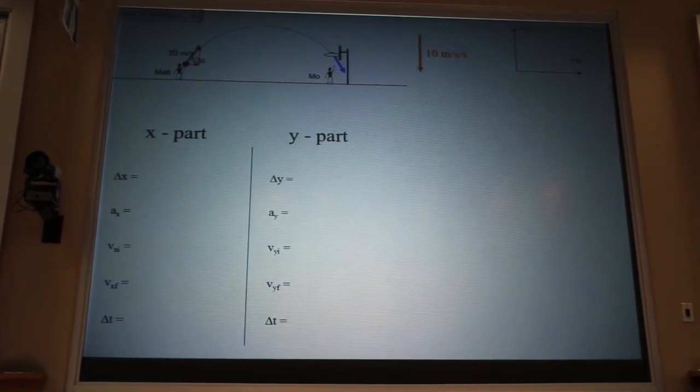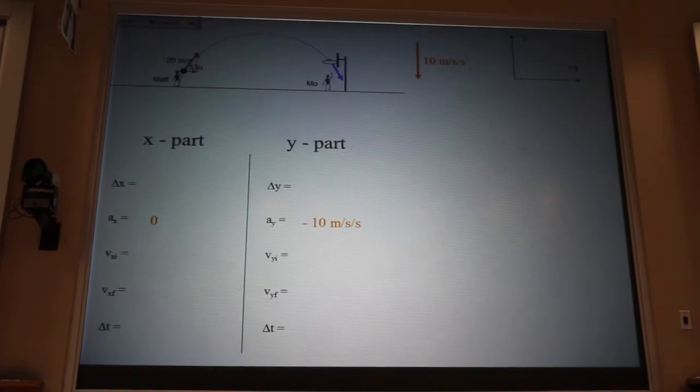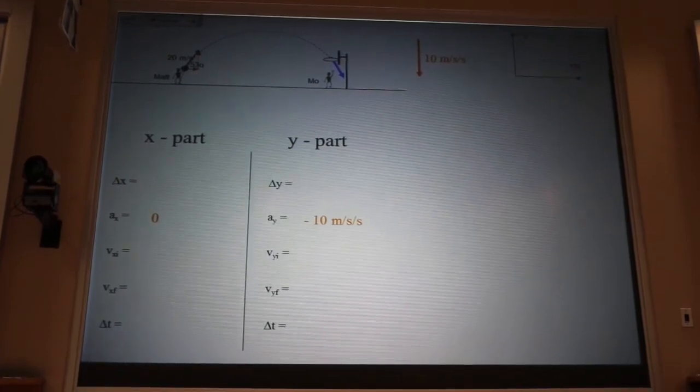In that coordinate system, the acceleration is negative 10 on the y side and 0 on the x side. That 20 meters per second cannot go into any one of these variables. It's not x and it's not y. I've got to bust it apart because nature busted it apart. And so I have 12 and 16, like we broke it up over there.